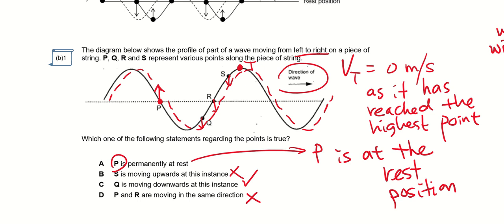Because it has reached the highest point. Who else has 0 speed? This guy, and this guy. They all have zero speed. Who has the maximum speed? P, Q, R, or S? Who has the highest speed? P and R.